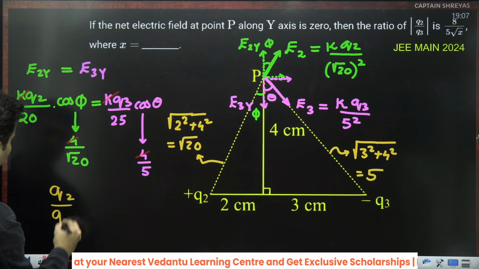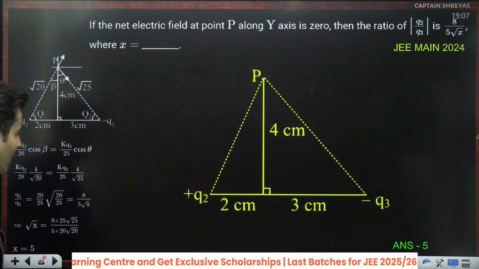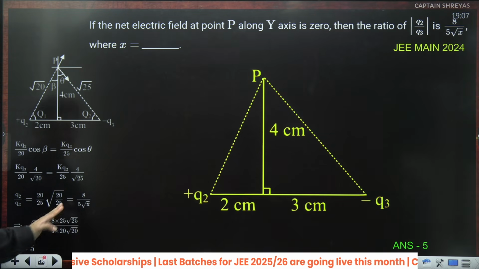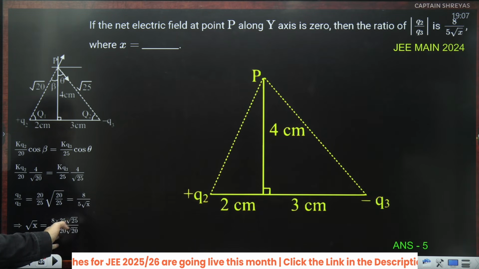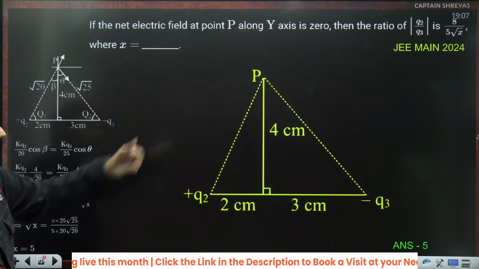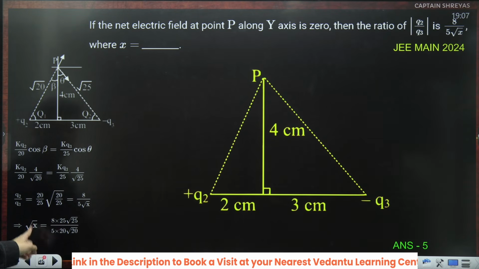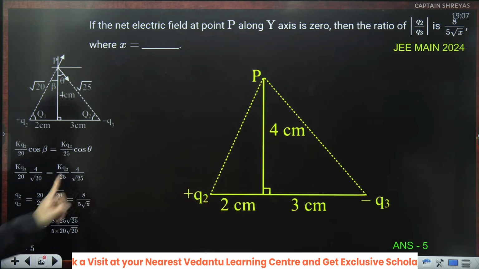Q2 by Q3 magnitude ratio will come out to be, whatever, 8 by 5 root something. So that root x is what is given over here, and you have to find that x, and that x comes out to be 5.